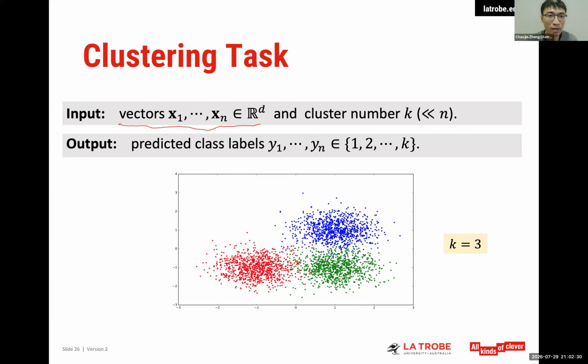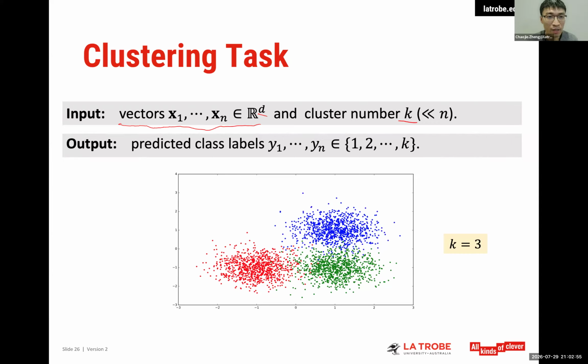So we have n data points, and each data point comes in d dimensions, which means it has d features. We also need to specify the hyperparameter k, the expected number of clusters in the output of the clustering result.